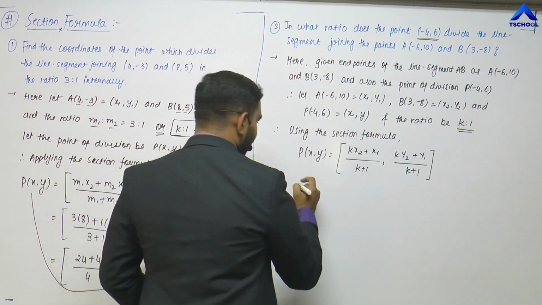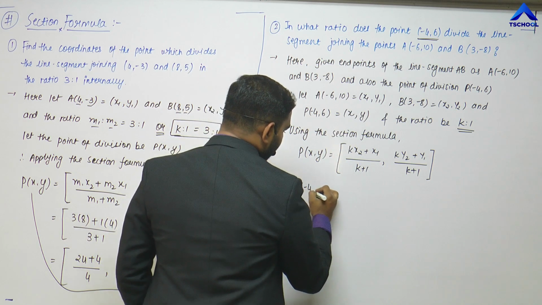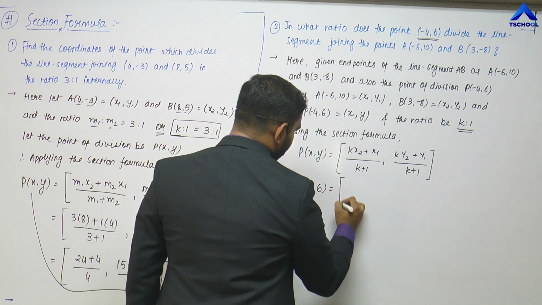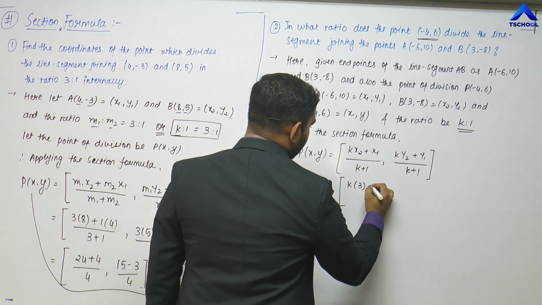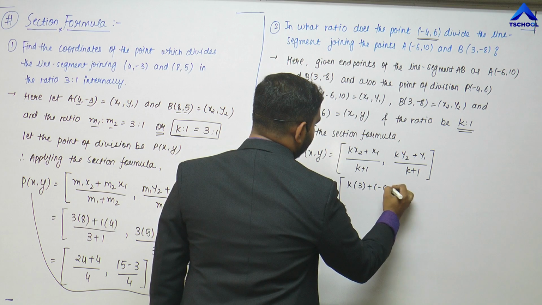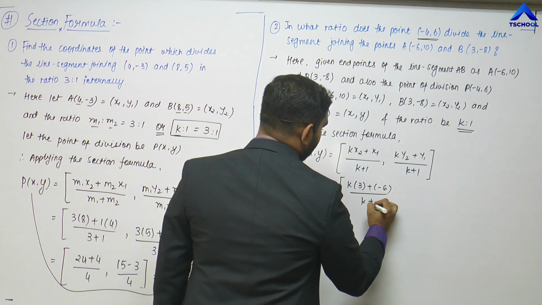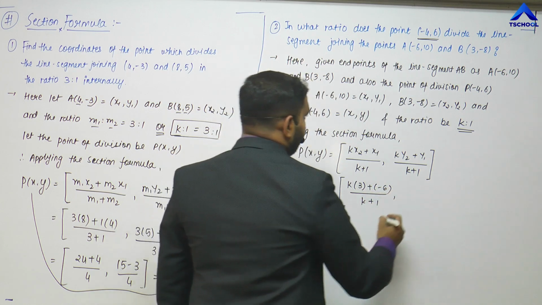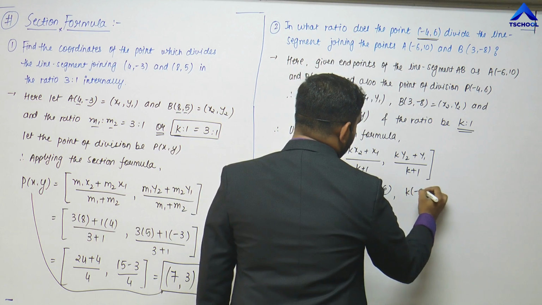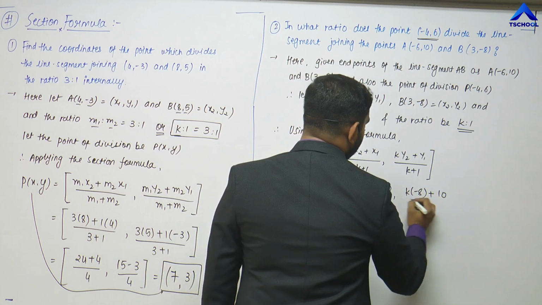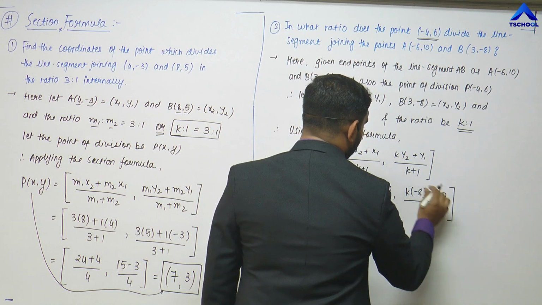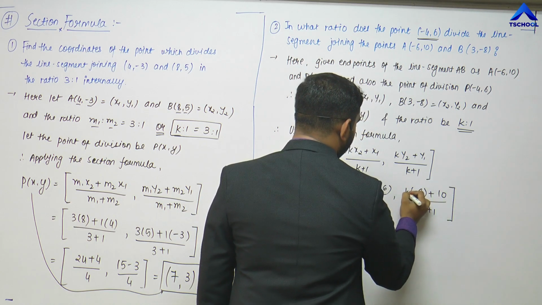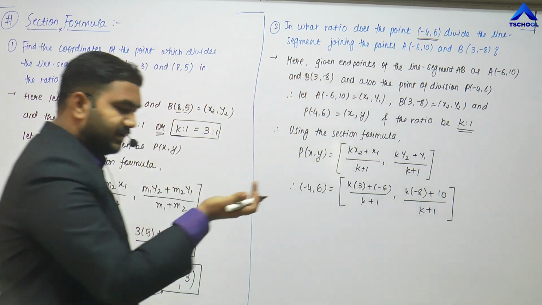So P(x, y) is available, therefore (-4, 6) equals (k into x2, that is 3, plus x1, that is -6) upon (k plus 1), comma (k into y2, that is k into -8, plus 10) upon (k plus 1). Okay, is this thing clear?